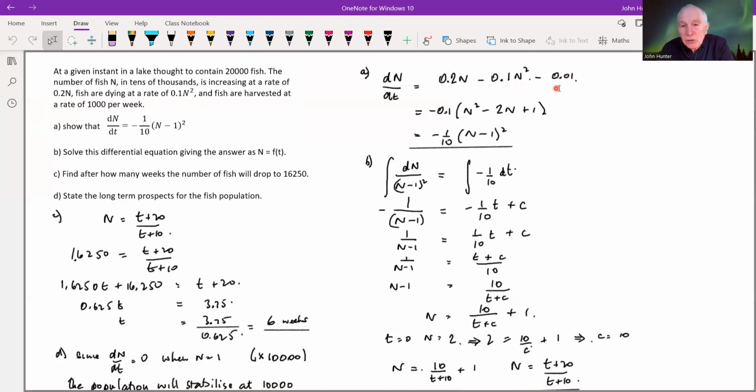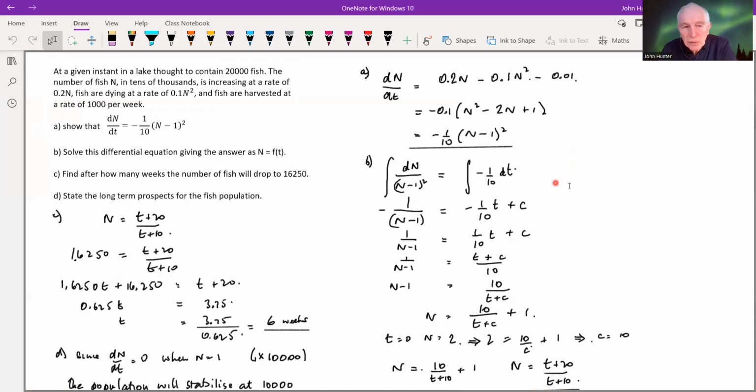Right, okay, so now it's just really a simplification process, and we just factor out minus 0.1, which is minus 1/10, isn't it? We're going to get this minus 1/10 into n minus 1 squared. So that's what we've got there. So that's part A done.